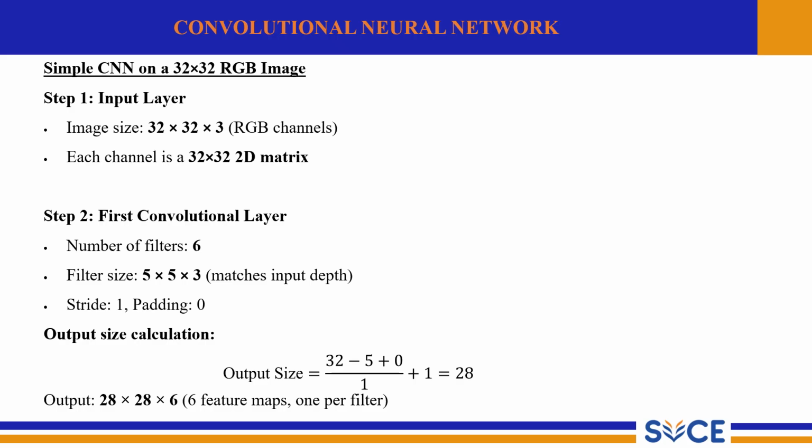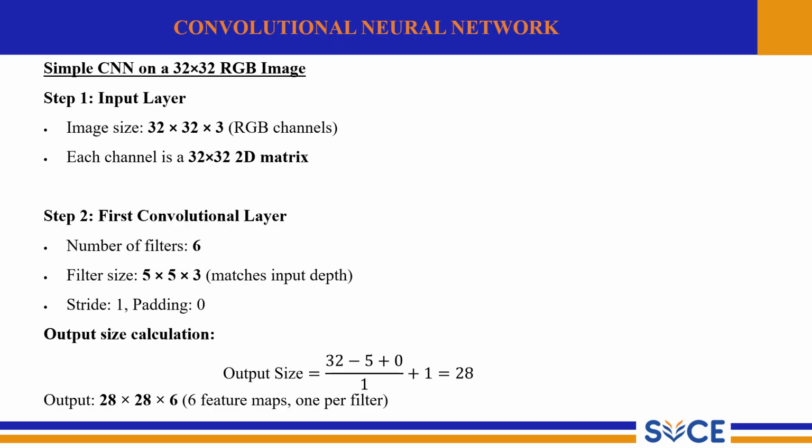We calculate the output size using the formula: output size equals W minus F plus 2P, divided by S, plus 1. Substituting the values, output size equals 32 minus 5 plus 0, divided by 1, plus 1, equals 28.